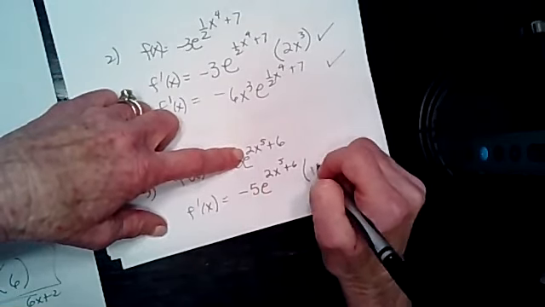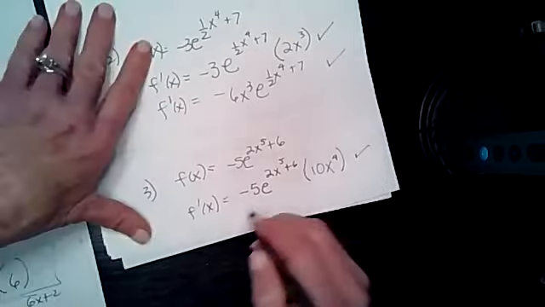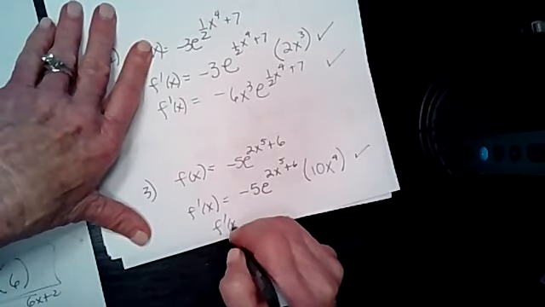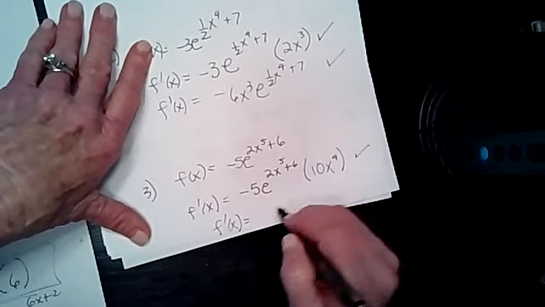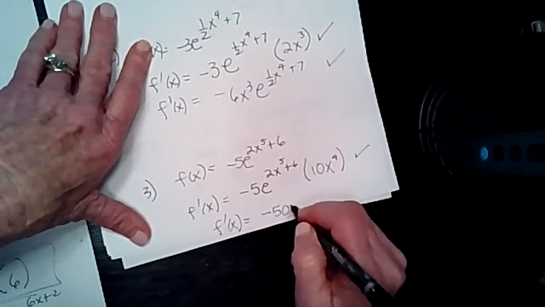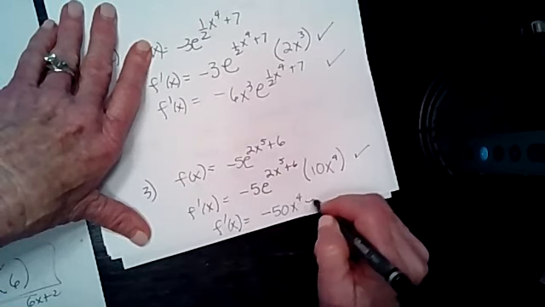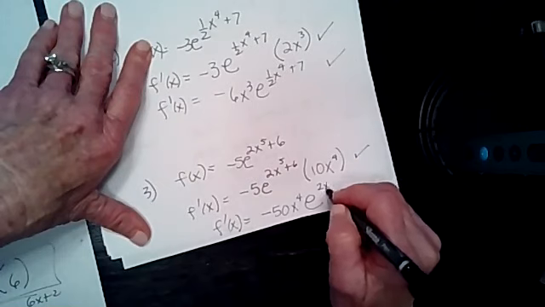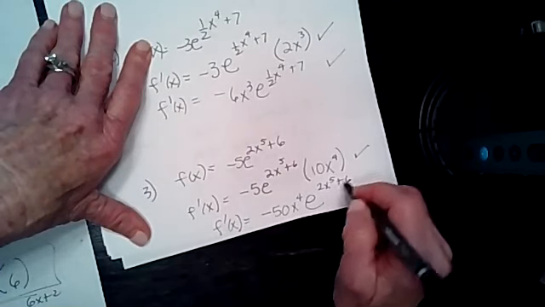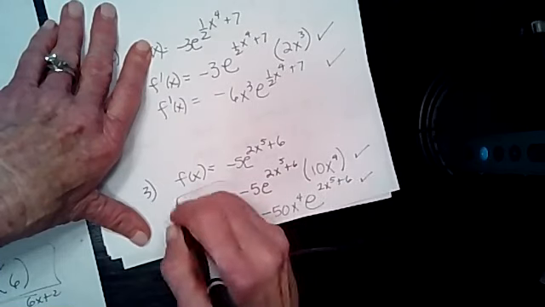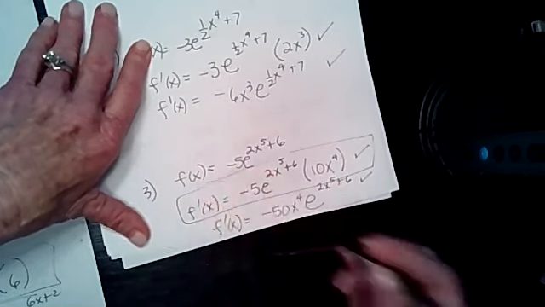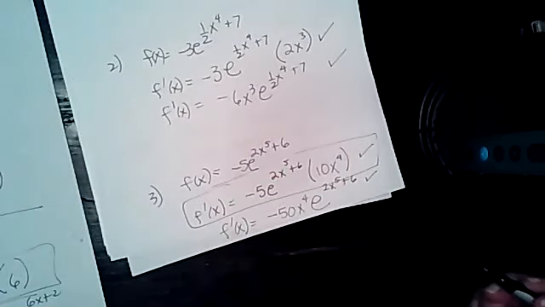You can leave it like that, or if you wanted to multiply the outside numbers, you could call it negative 50x to the 4th e to the 2x to the 5th plus 6. Either one is fine. I usually just leave it like this because I don't simplify, because I'm kind of lazy, and sometimes you make mistakes when you simplify. So not so bad, right?